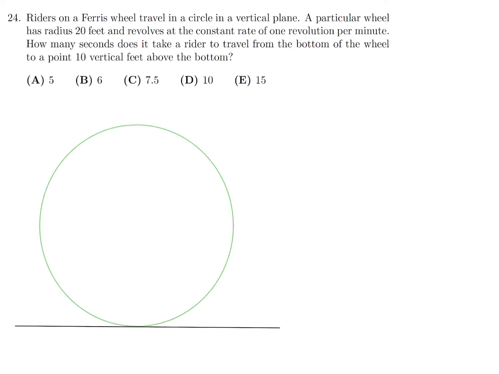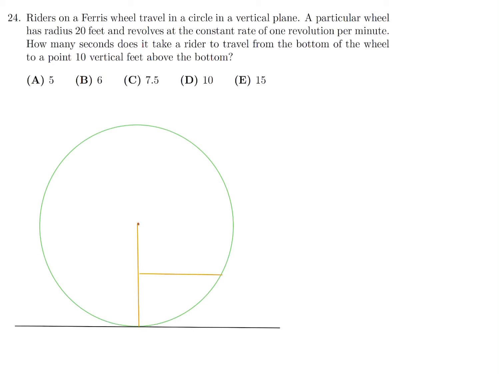So I have drawn a Ferris wheel in green, and I've represented the bottom of the ground by that black line. And now I'm going to draw the radius, and I'm going to draw where the rider is on the Ferris wheel. So this is a line representing the radius.